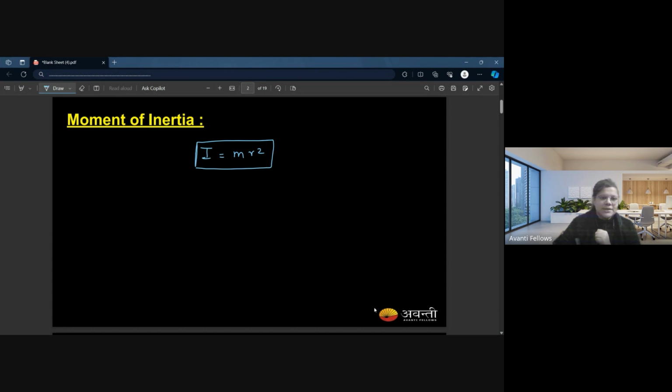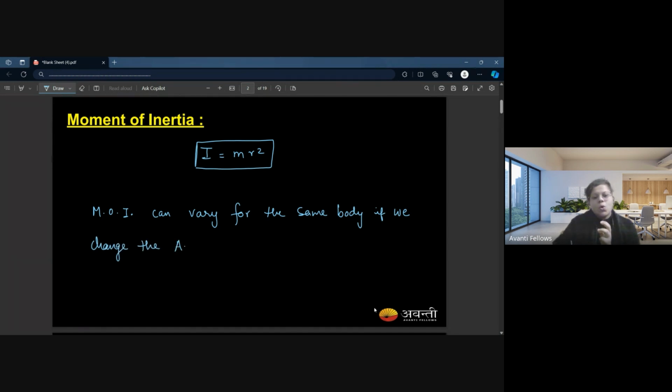So what I said is that moment of inertia can vary for the same body or for the same arrangement if we change the axis of rotation. On the basis of this thought, you must have the knowledge of a few uniform bodies and their moment of inertia with respect to some specific axis of rotation.